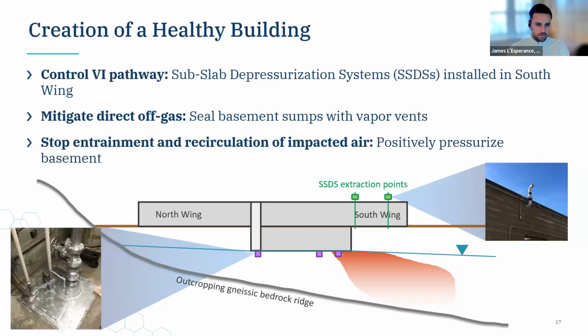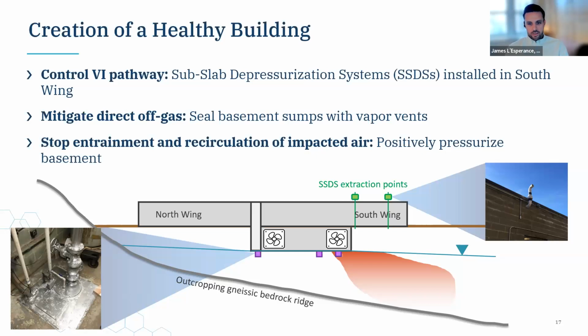Within the basement, this picture is a little tough to see, but we sealed those active sumps to inhibit airflow through the sumps from groundwater into the basement air, in order to allow for the continued operation of those sump pumps. We did install vapor vents that vented the sumps to ambient air to avoid any air locking of the pumps.